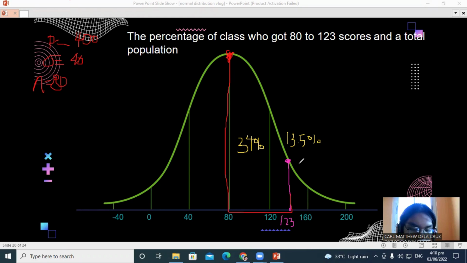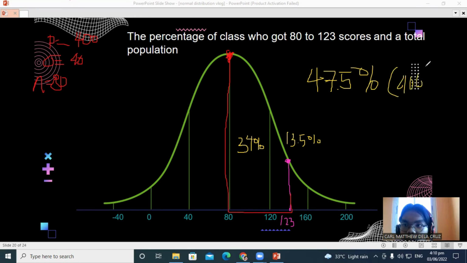So 34% plus 13.5% is 47.5%, and the total population is 400.